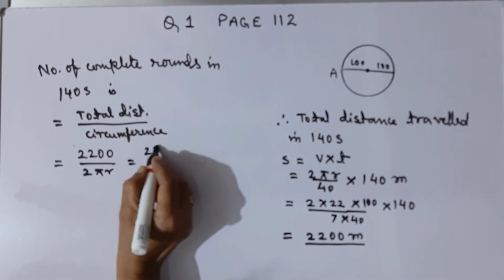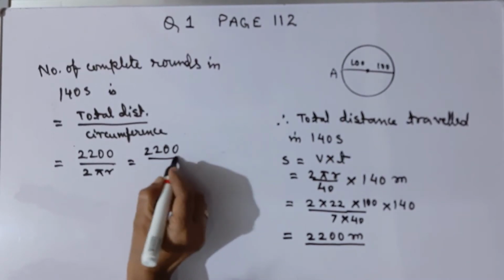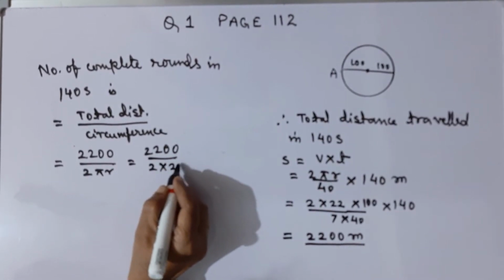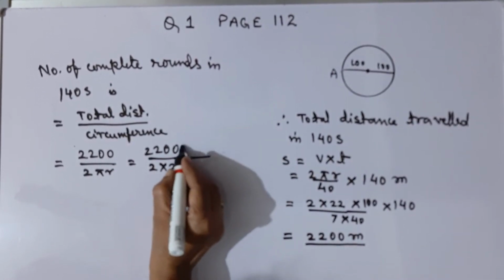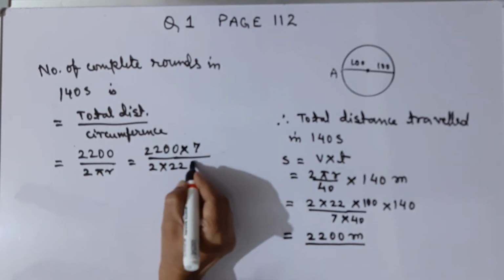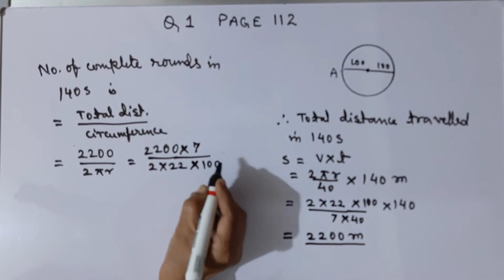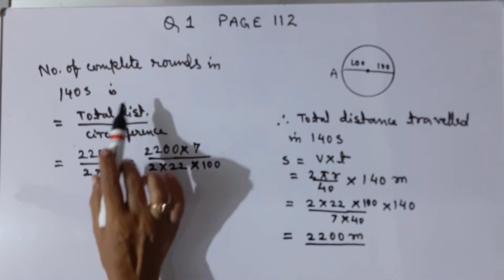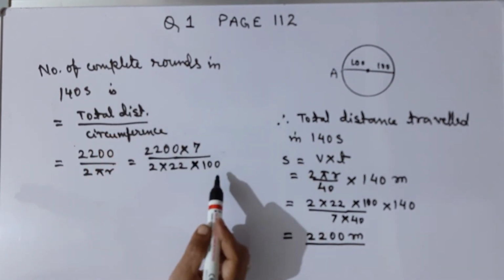That is 2200 divided by 2, then 22 upon 7. This 7 will go in the numerator, and here for r we write 100. Since it is the number of complete rounds, it will have no units.